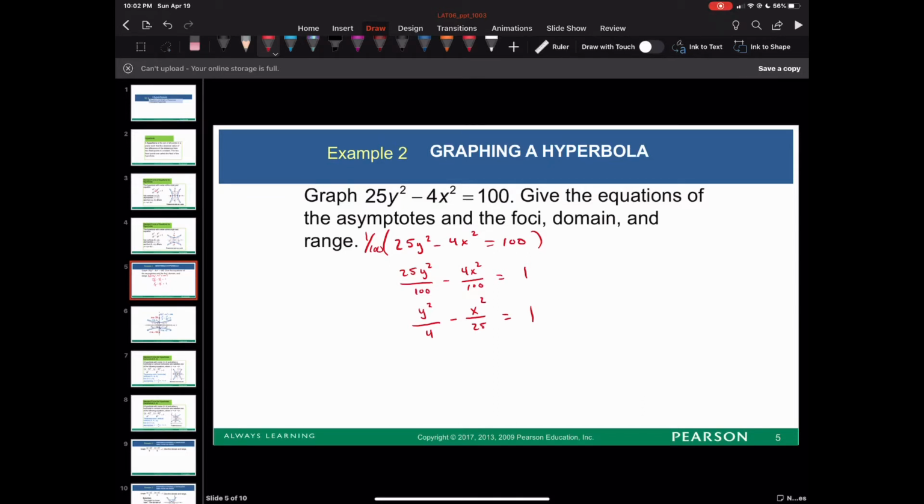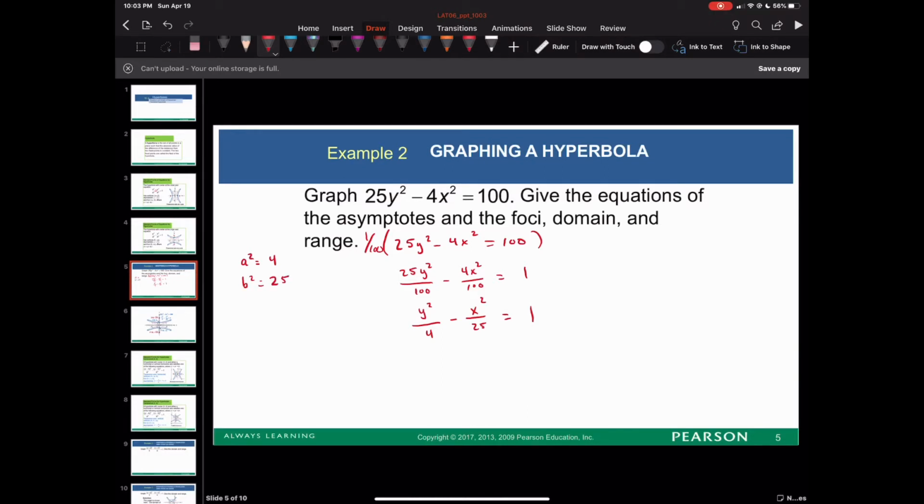Now, remember when you're doing these, you've got to keep in mind what you've got and what came first. So we have y squared over a squared minus x squared over b squared. So my a squared is equal to 4, and my b squared is equal to 25.